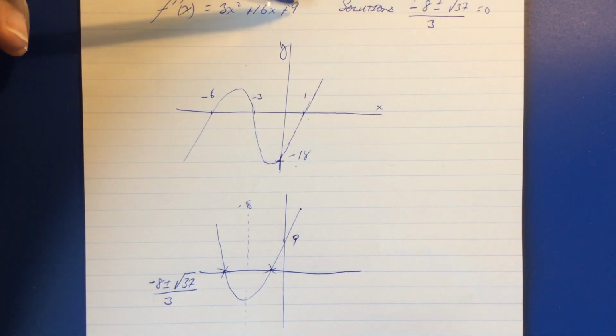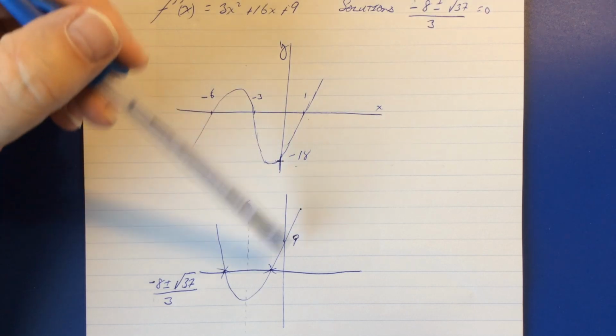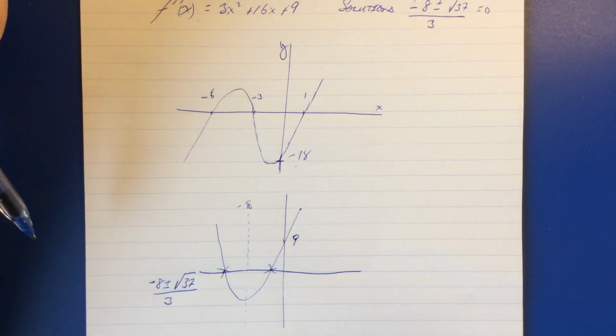An example of that vital information would be where this thing crosses the y-axis. There's not really anything here to tell us that.